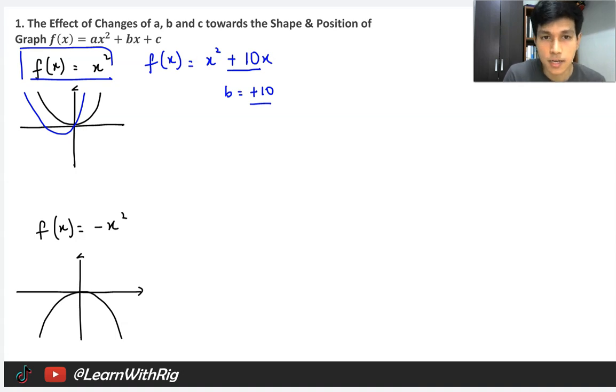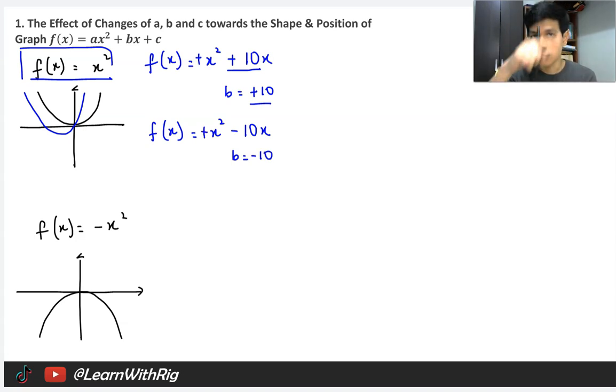Now what if it's a negative b value? It's still a positive graph, because the a is still positive, but your b value now becomes negative 10. It's still a positive graph, so it's still a U shape. But now you have a negative 10, so it's going to move towards the right hand side.